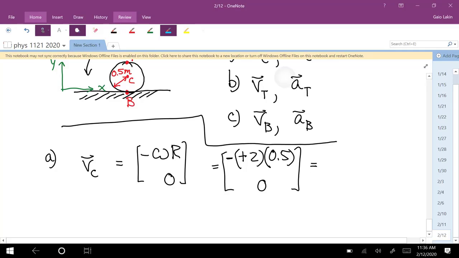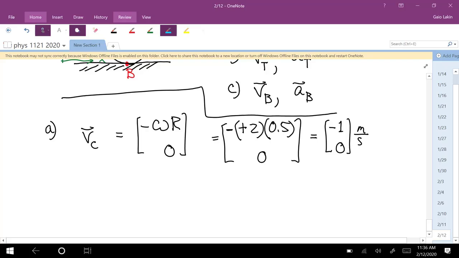And so we get a vector of negative 1, 0. This is a velocity. This is meters per second. Or you could think of this as the velocity is in this direction with a magnitude of 1 meter per second.